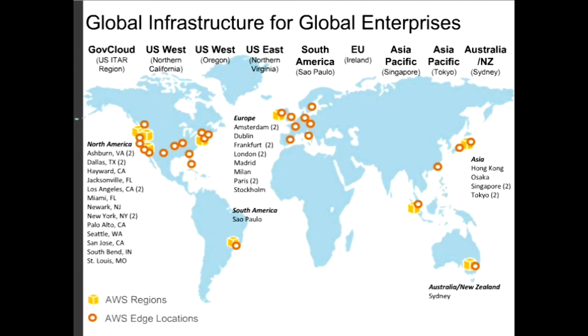And on top of that globally distributed infrastructure that has all these benefits for latency, for locality of data, for legal compliance, for the sort of geographical penetration into different customer bases, we've also built a really broad set of services.